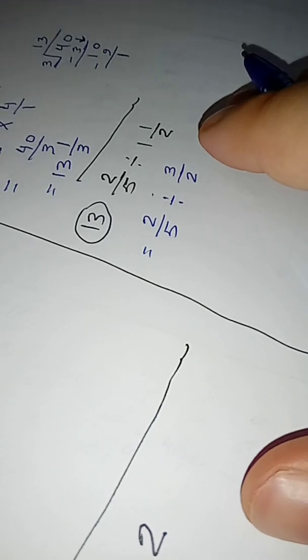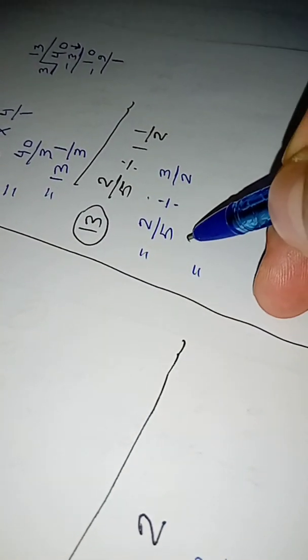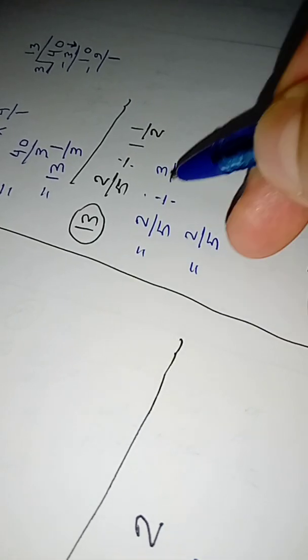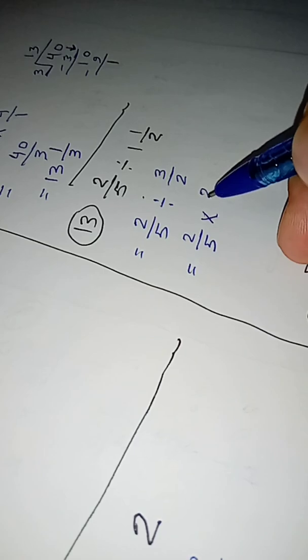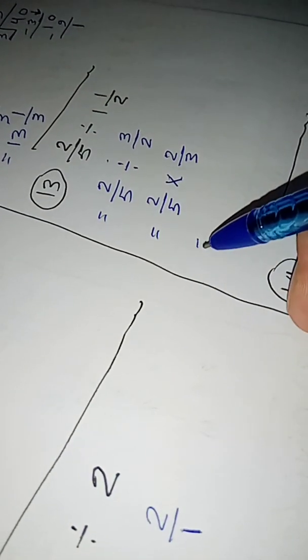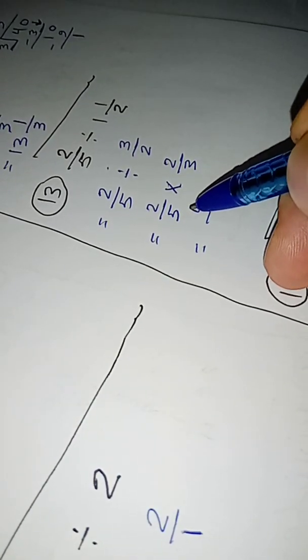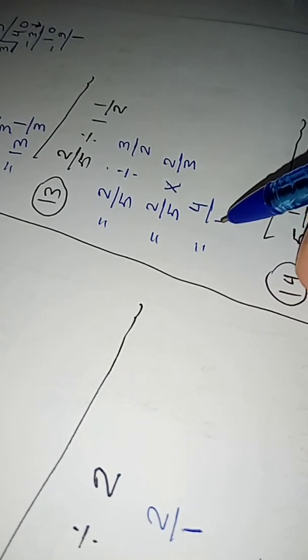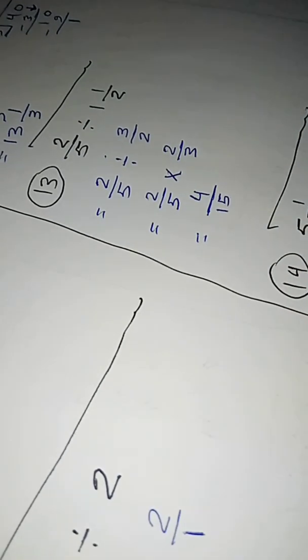Now we have fraction divided by fraction. Use the rule. Keep, change, flip. Now 2 times 2 will be 4. 5 times 3 will be 15. So here the last answer, 4 over 15.